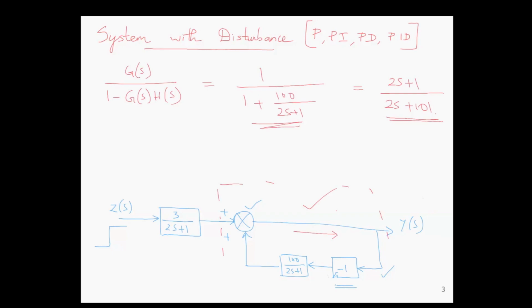Now this block is in series with 3 by 2s plus 1. Hence, the total transfer function y of s divided by z of s will be the multiplication of the two blocks kept in series, that is 3 divided by 2s plus 101.